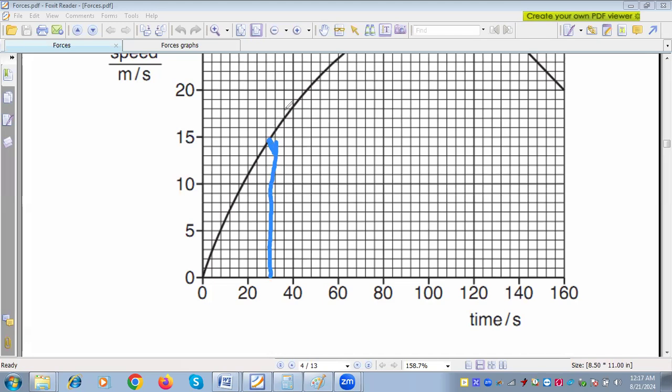The tangent has to be drawn in such a way that it touches the curve at 30. This position is to be noted, and this position is to be noted. So final velocity, initial velocity, time, and this time. This is already done in a proper manner, I will just show.